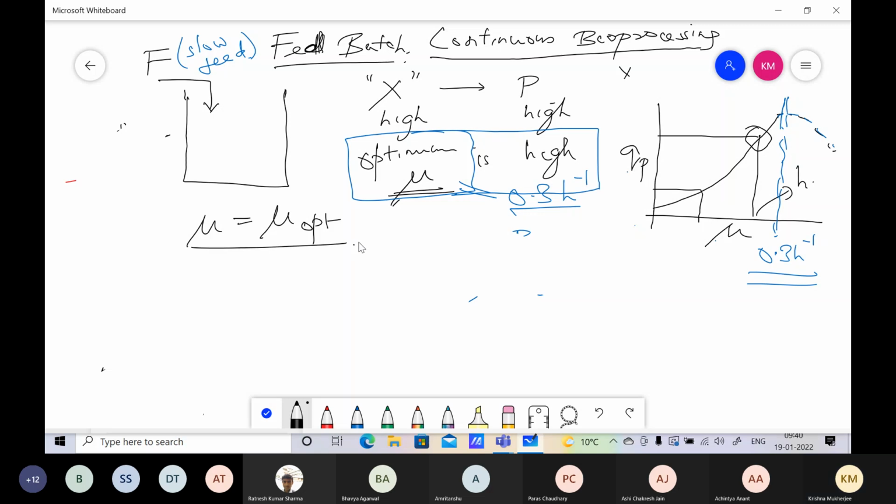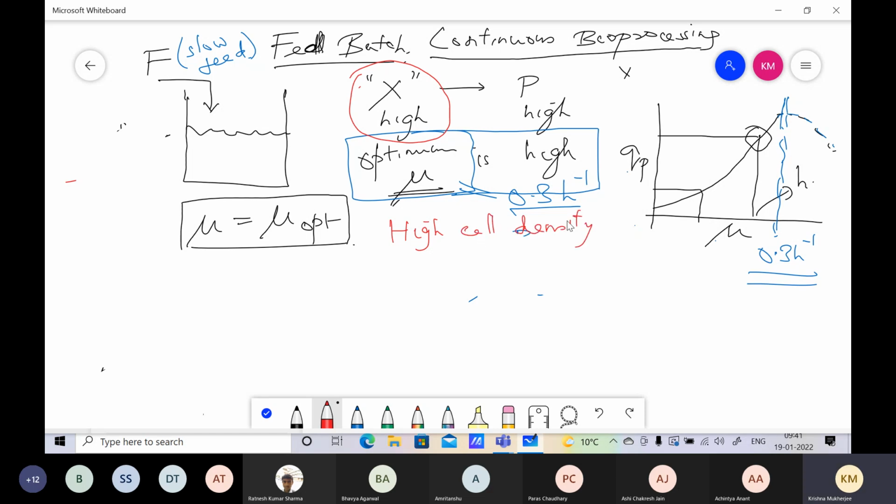Correct? If now I want to make mu equal to mu optimum and I want to use a fed batch culture, what kind of feeding should I do to keep mu equal to mu optimum and increase biomass? Because X has to be high. Remember, X has to be high. So one of the purposes of fed batch culture, and these are called high cell density cultures.